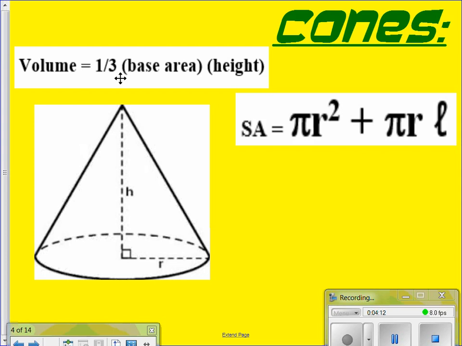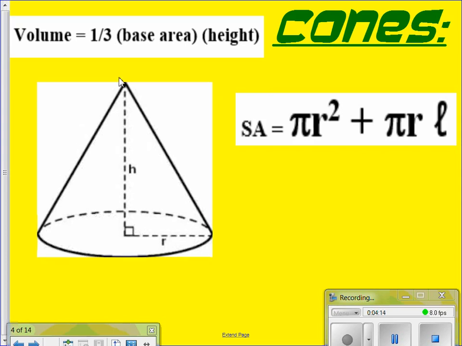Next one's a cone, and it's very similar to the pyramid that we just did. So, same exact volume formula, but the only difference, the base of a cone is a circle. So this base area is our area of a circle, which is pi r squared. So you may see this formula as 1/3 pi r squared times h. Same thing, right?